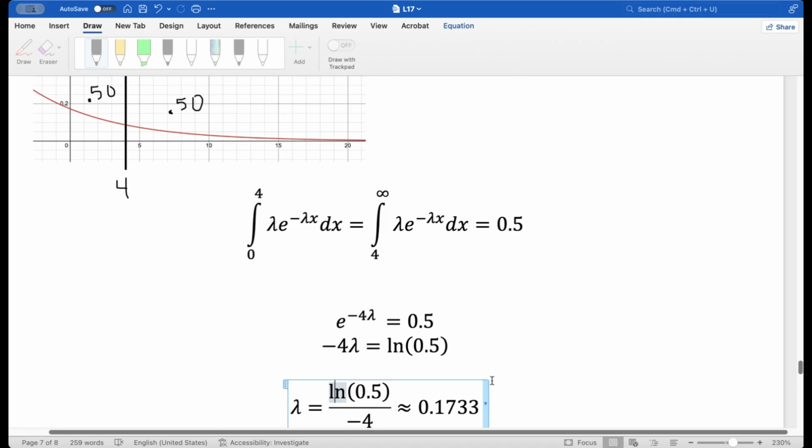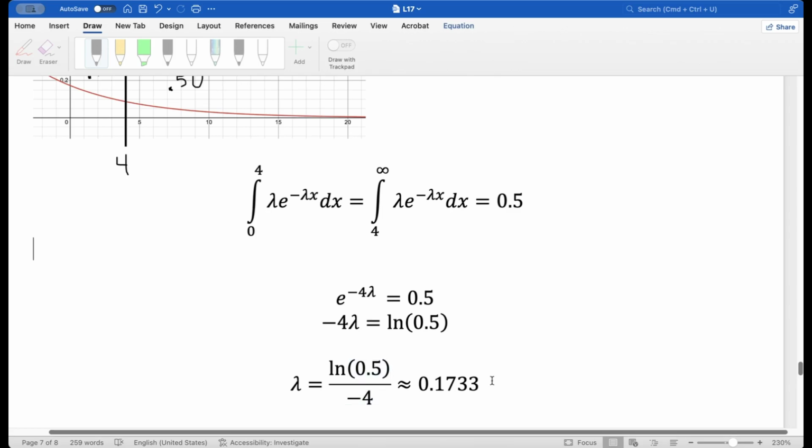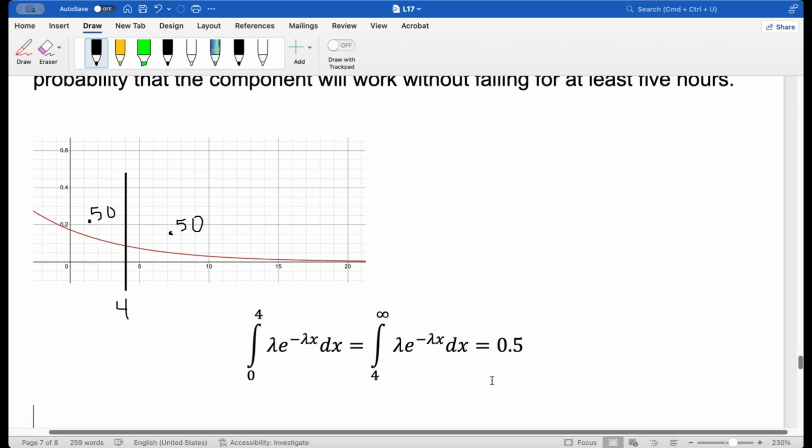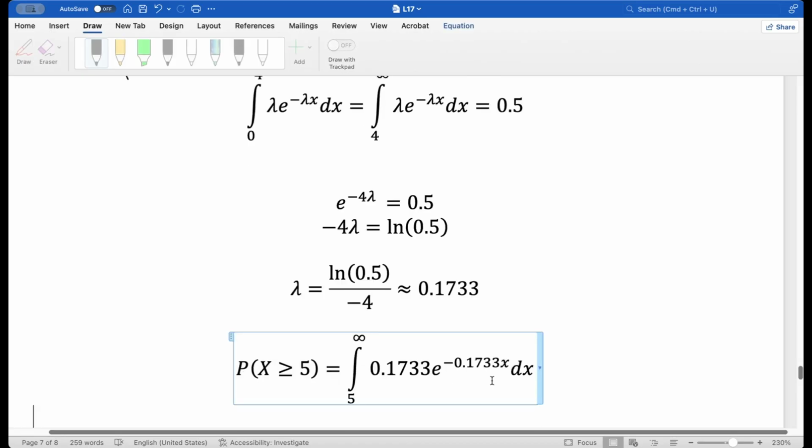Now remember, that's the reciprocal of the mean. The mean would be 1 over that, but the lambda is what we need for the calculation. And then the problem asked the probability will work for at least 5 hours. So we're integrating from 5 to infinity this expression with the lambda plugged in.